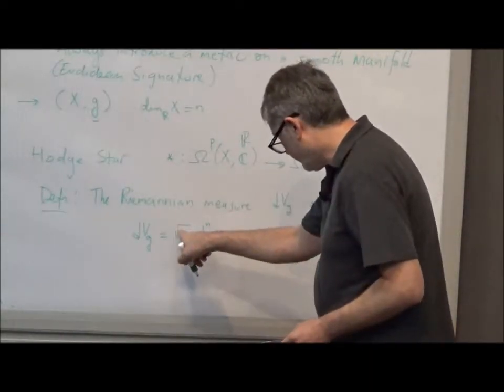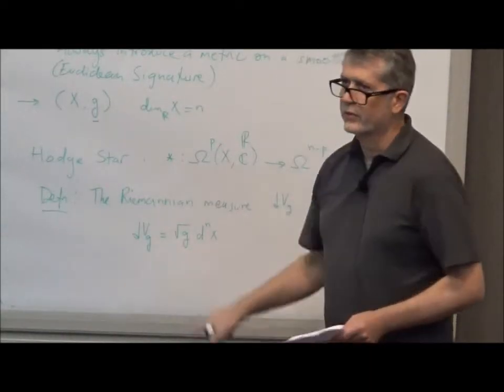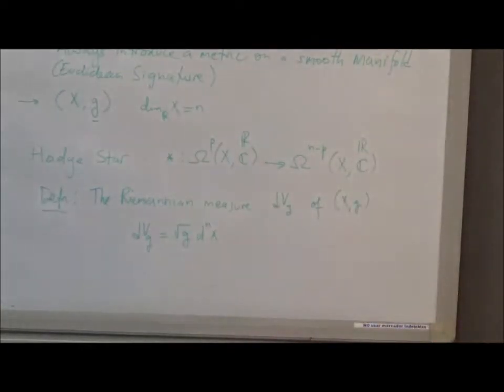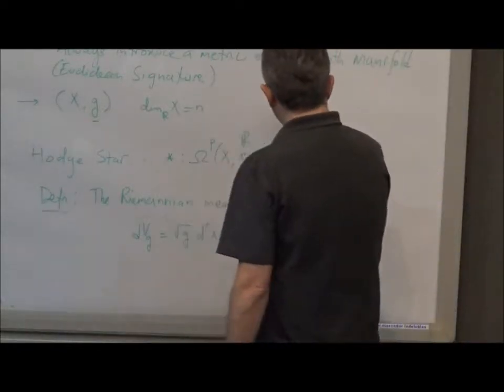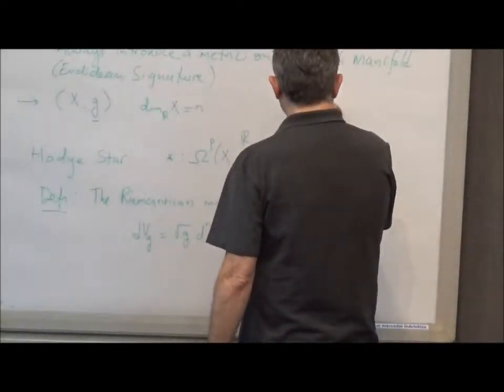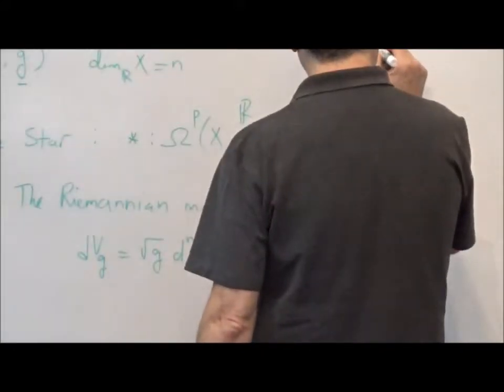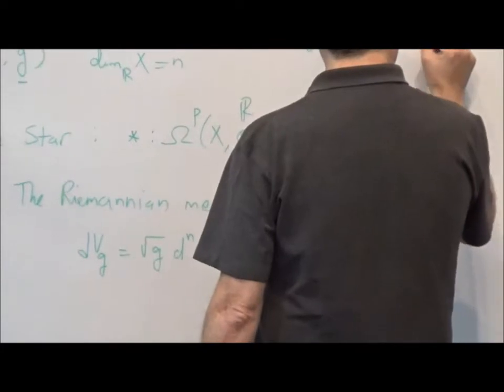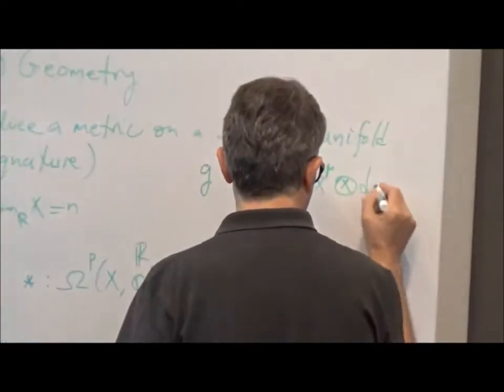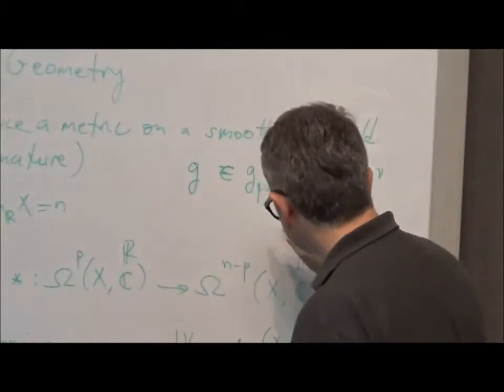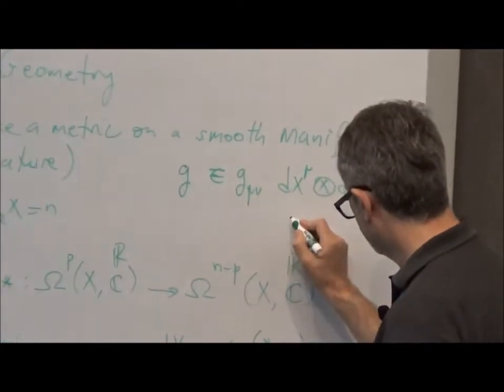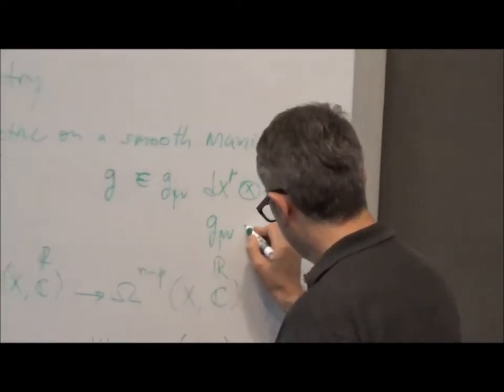Whenever one writes just a g like that inside a square root, what they really mean is the determinant of g, the determinant of g with both labels down. Remember, a metric is basically something that equals g_{μν} dx^μ tensor dx^ν, and it's symmetric.